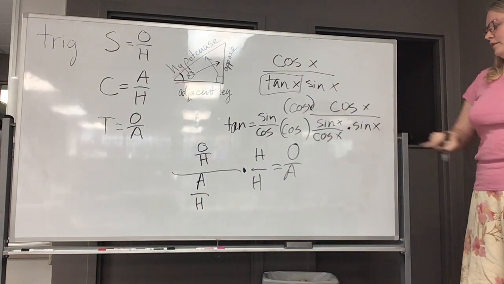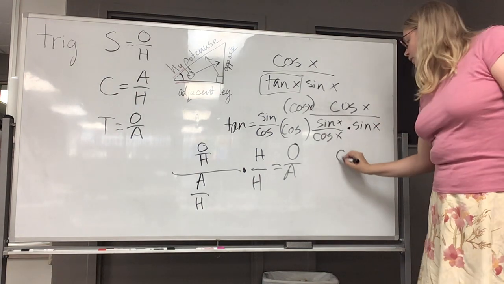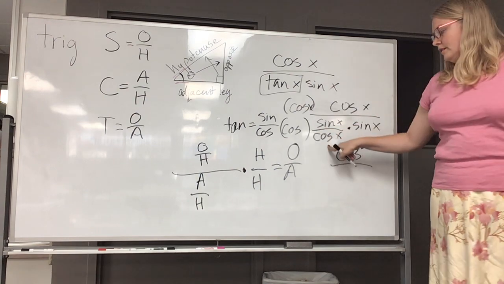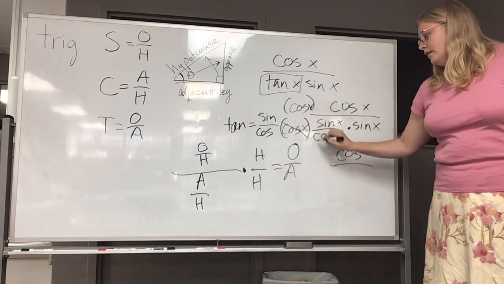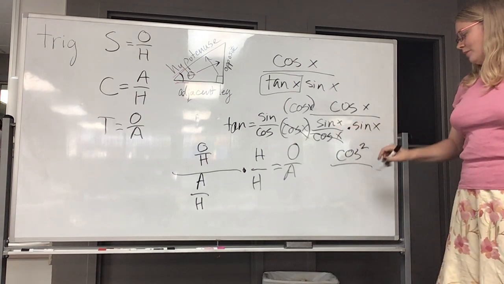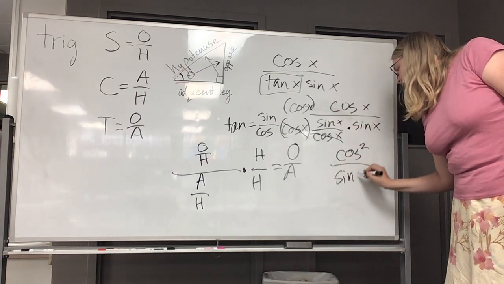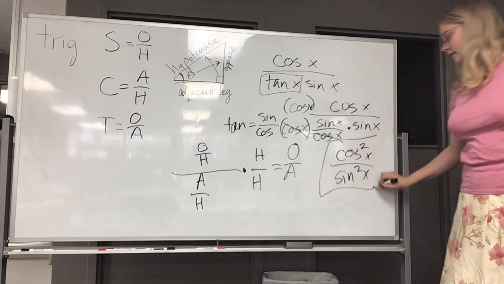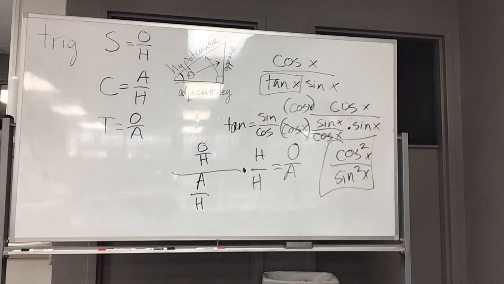Cosine times cosine becomes cosine squared. Cosine times cosine here disappears, cancels out, eliminates. Sine x times sine x becomes sine squared. And so this is the simplification of this one.